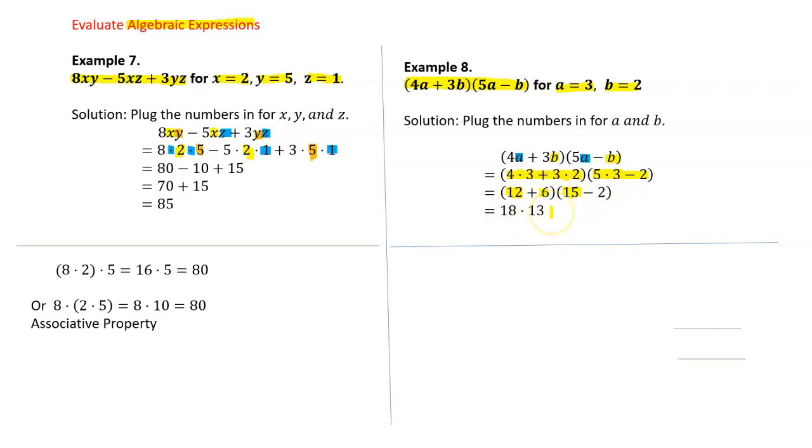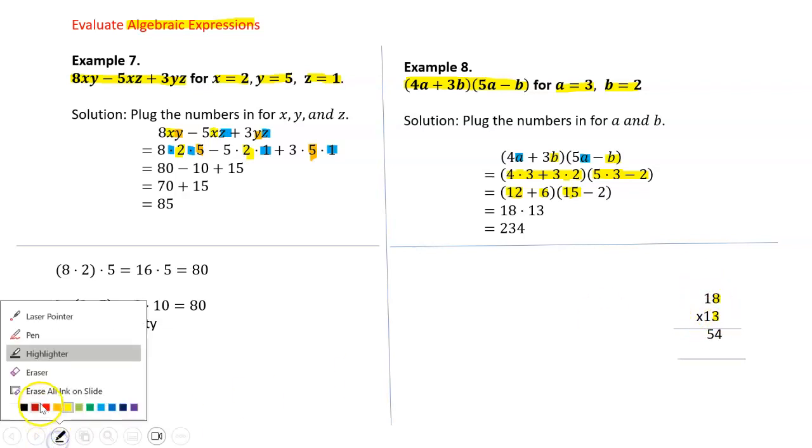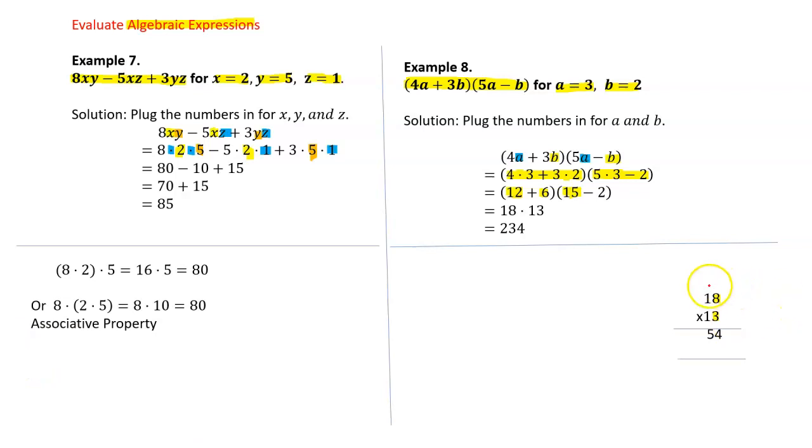times 13. Now to do 18 times 13, you may have to use the standard algorithm. You're going to set up as 18 times 13. And when we do multiplication, we multiply 3 and 8 to get 24. But that little 2, you can keep it somewhere, like either down here or up there.